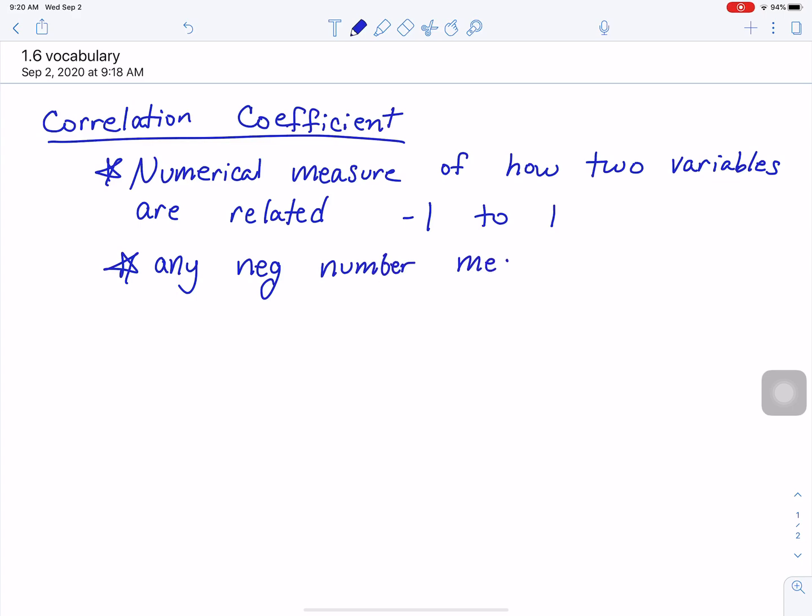So remember, any negative number just means as x value increases, the y value decreases.